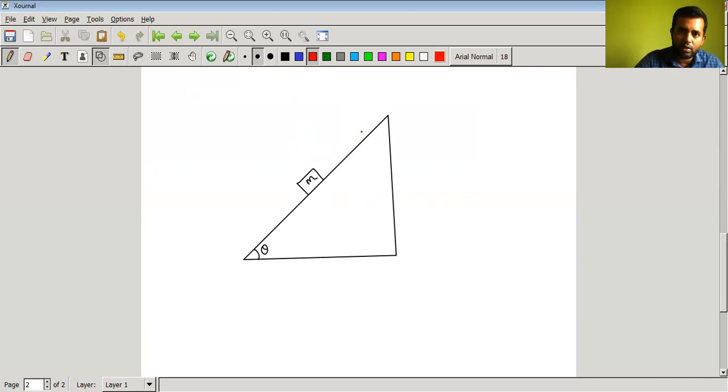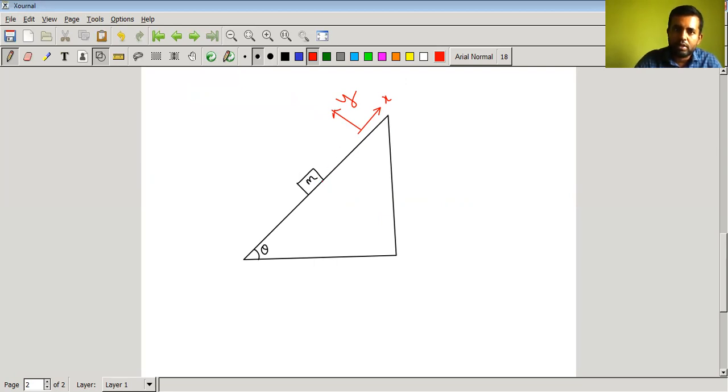Let us say this is our x-axis, which is parallel to the plane, and this is the y-axis, which is perpendicular to the plane. So we want to resolve all the forces acting on this block along the x and y axes.